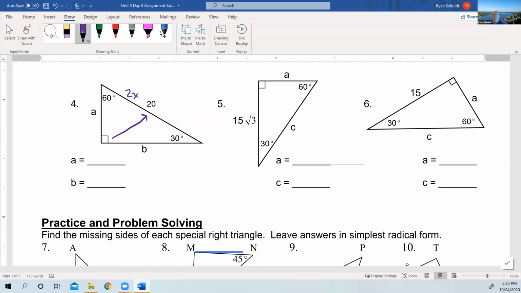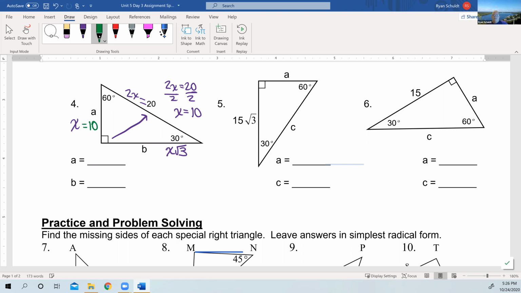The short side is always x. The long leg is always x square roots of 3. So now I've got to get x. Well, I have me a little equation here. 2x equals 20. Divide by 2, x equals 10.